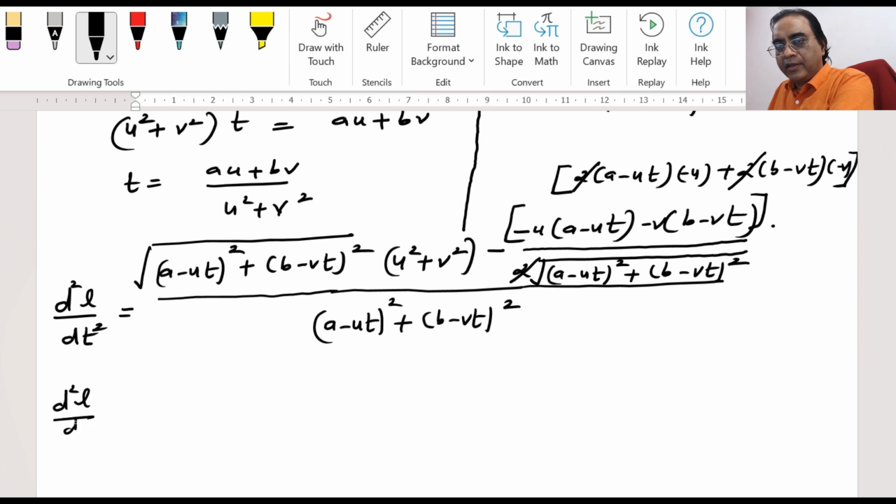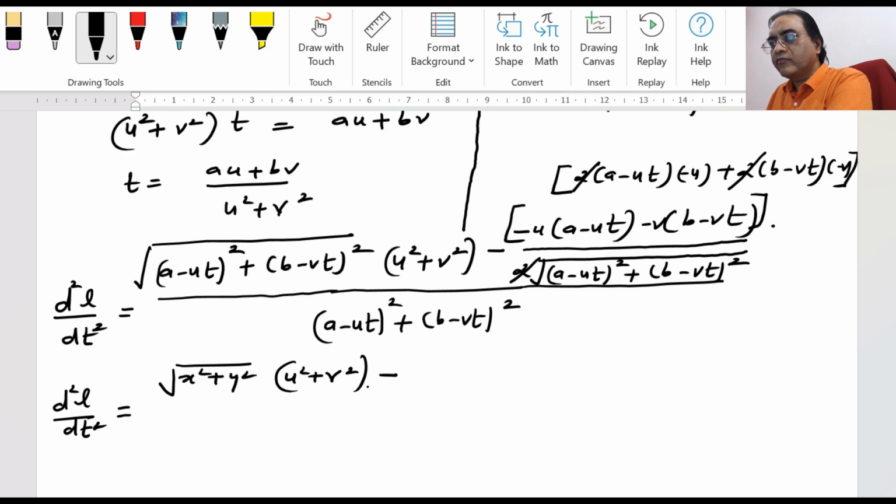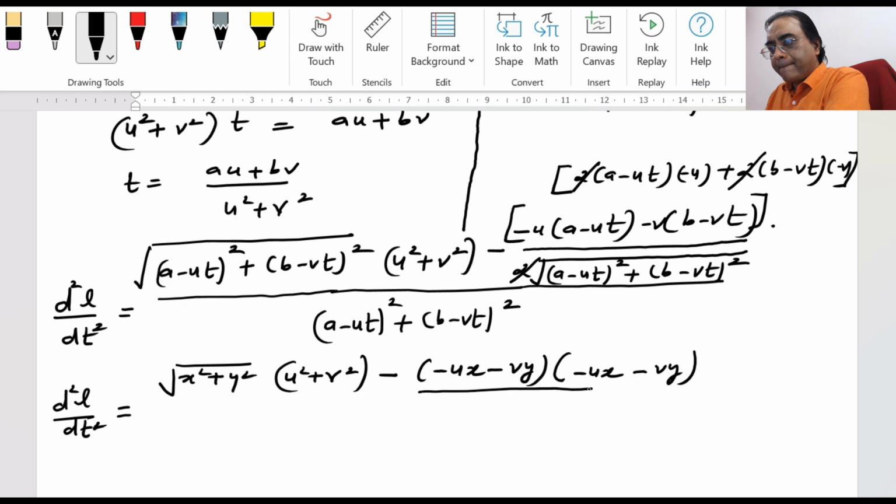So d2L by dt2 is x square plus y square under root, u square plus v square, minus, minus ux minus vy, then this fellow, minus ux minus vy, then this fellow.